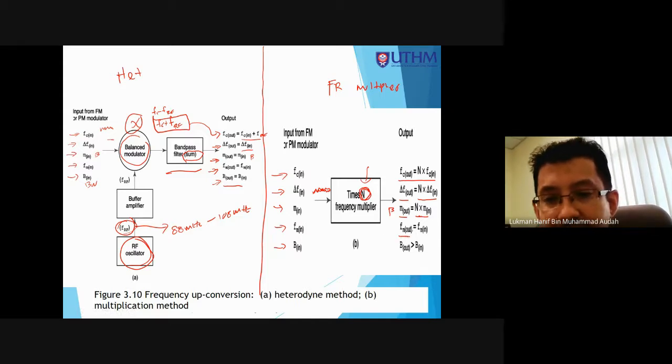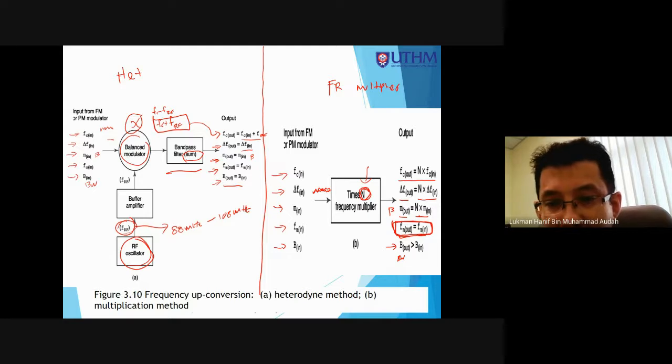FM out is equal to FM in. Hanya FM sahaja kekal, hanya modulating signal frequency sahaja tidak berubah. Yang lain semua telah berubah. What about the bandwidth? Okay, bandwidth out larger than bandwidth in. Kenapa dia tak darabkan dengan N? Kerana kita perlu merujuk kepada Bessel table.